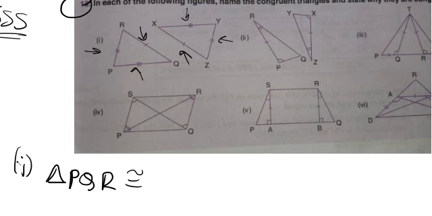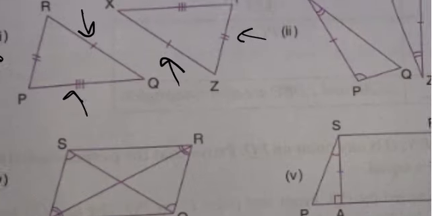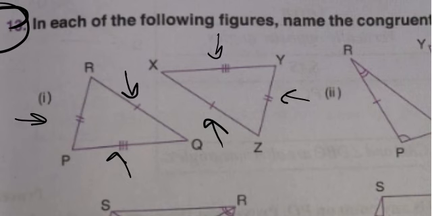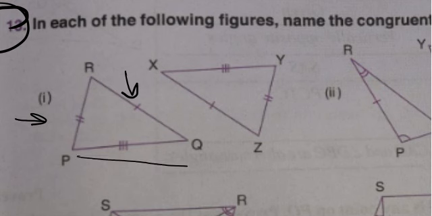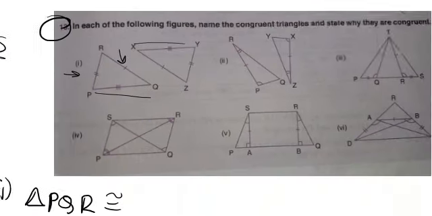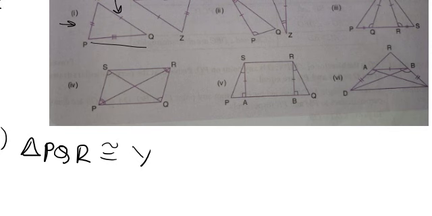Now here we need to use a proper sequence, right? See here that it's given that PQ is equal to YX, okay? So PQ is equal to YX, and PQR is the triangle, so the first two letters of the other triangle should be YX, because it is the equal and corresponding side.